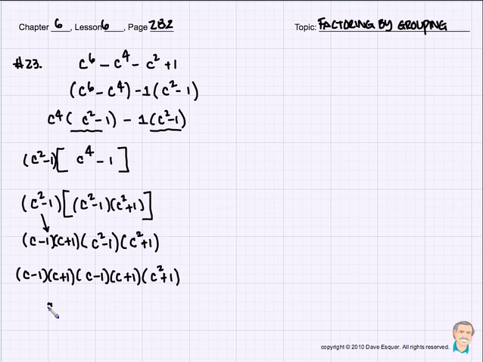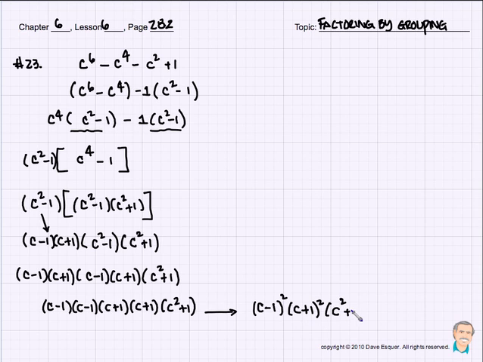So when we collect everything, we can actually say this turns out to be c minus 1 times c minus 1 times c plus 1 times c plus 1 times c squared plus 1. And we simplify that all together by making it c minus 1 squared, c plus 1 squared, and c squared plus 1.